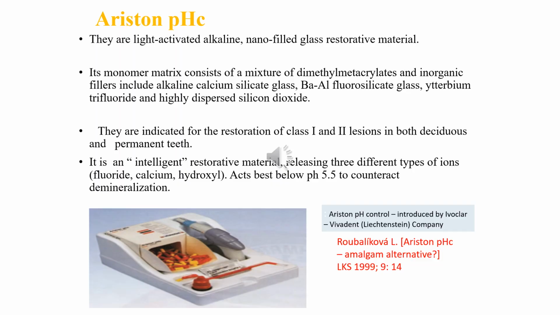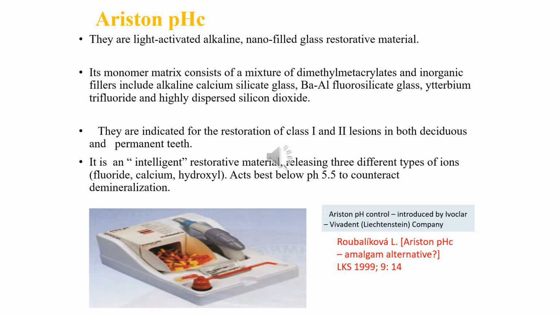Here is another example of the smart materials. This is a glass ionomer cement, but it is an active smart material. It is a nano-filled glass restorative material, and its monomer matrix consists of a mixture of dimethacrylate and inorganic fillers that include alkaline calcium silicate glass, barium aluminum fluorosilicate glass, ytterbium trifluoride, and highly dispersed silicon dioxide.